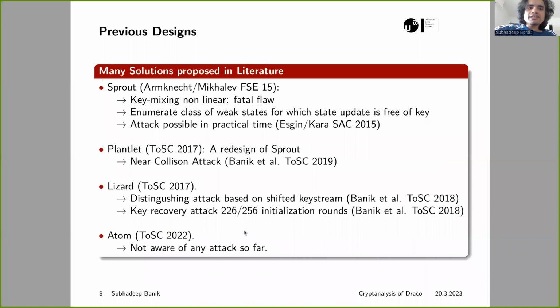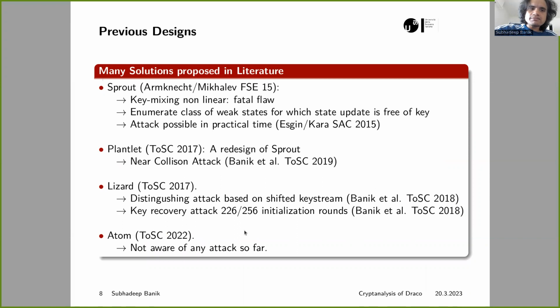Of course, Sprout had other weaknesses, and it was attacked in a number of papers following its publication. And since then, there have been various attempts at designing short-state ciphers. For example, Plantlet was a redesign of Sprout by the same authors by removing known points of attack from the design. However, there was a near collision attack reported against it in FSE of 2019.